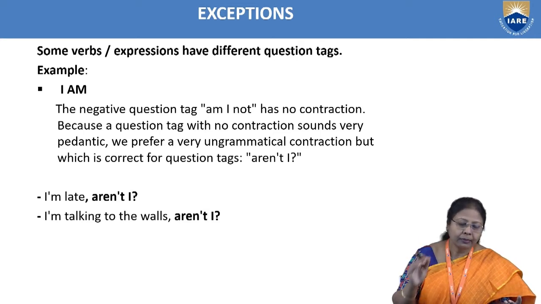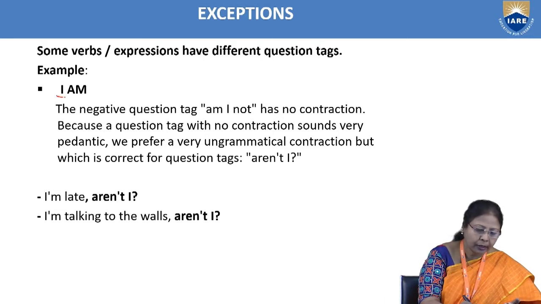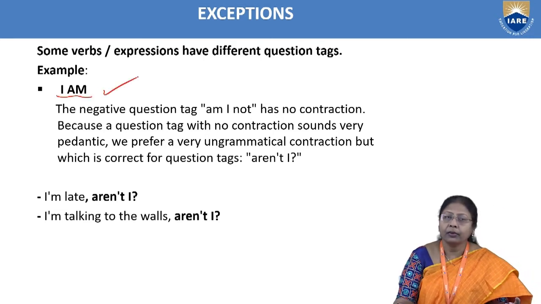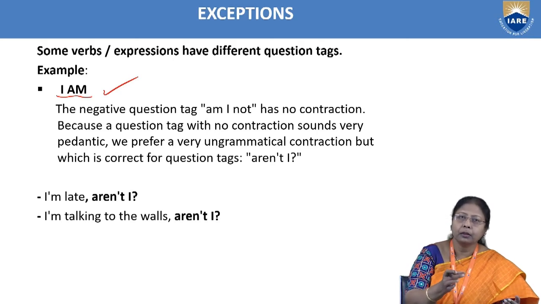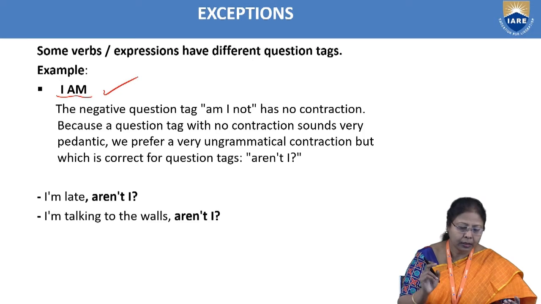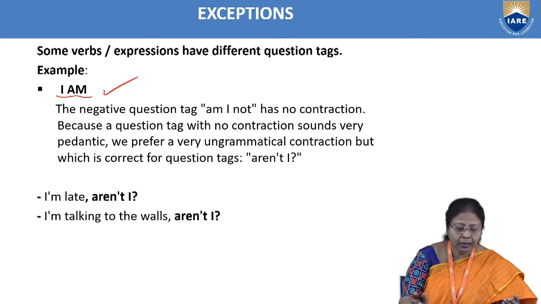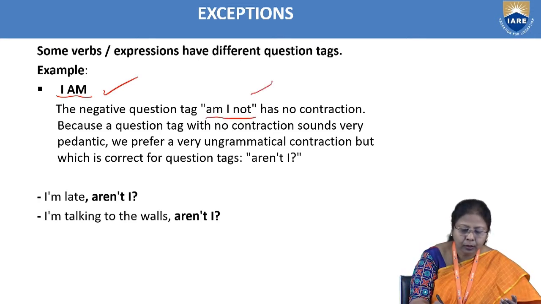Some verbs or expressions have different question tags. What are they? Let us see. I am. This is one special expression where we can't go according to the rule we have given. Here, if you get the negative question tag am I not, we cannot contract it.